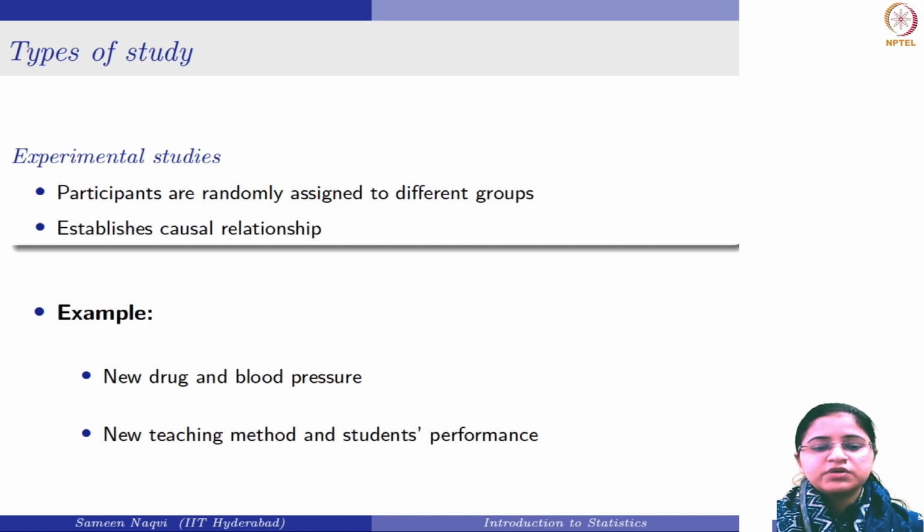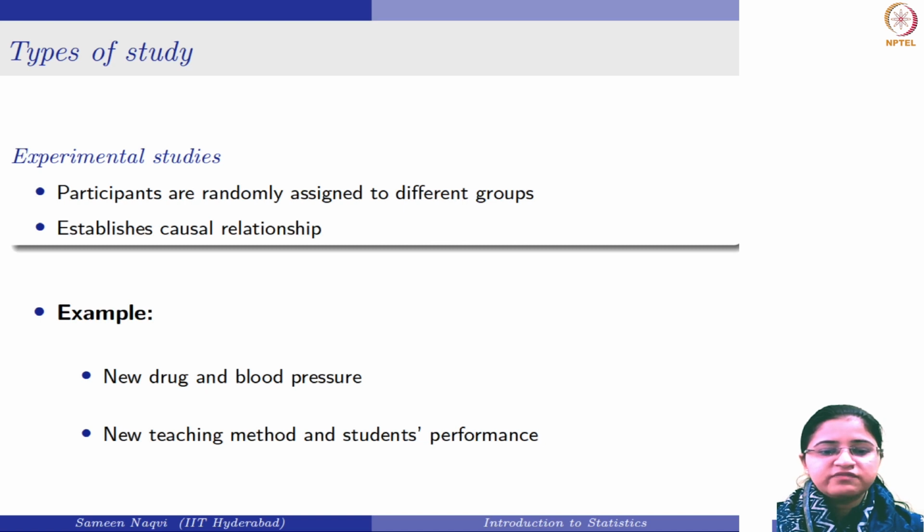Another example can be the teaching methods and the students' performance. For example, a school is interested to see what is the impact of different teaching methods on students' performance. So they can consider a group of students, then randomly divide them into two groups.